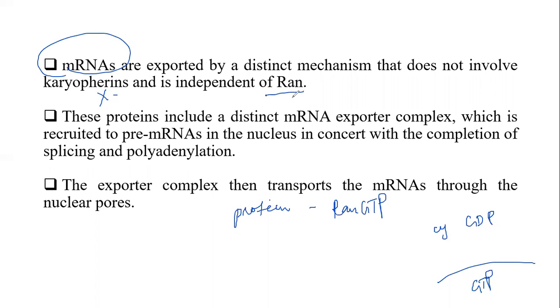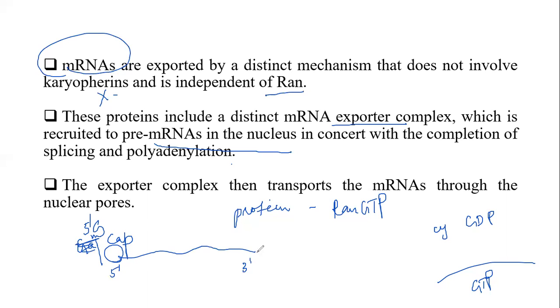Now, how exactly is this being exported? These proteins include a distinct mRNA export complex, which is recruited to pre-mRNAs in the nucleus in concert with the completion of splicing and polyadenylation. As we have studied during transcription, in mRNA you have the cap, the 5' 7-methylguanine cap at the 5' end.